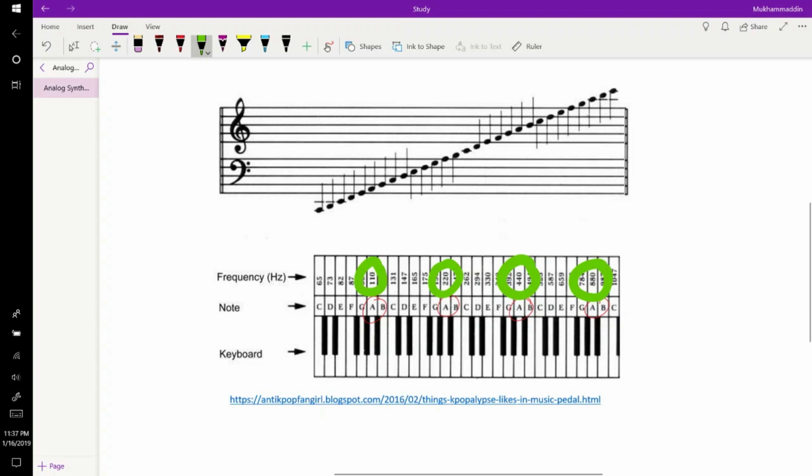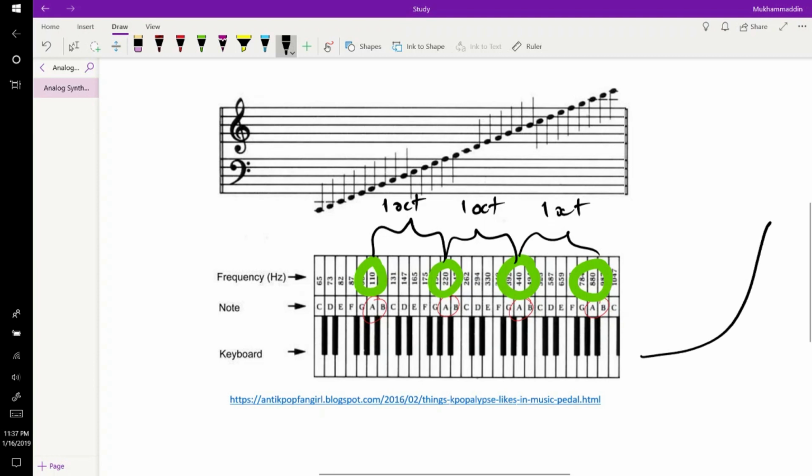So on every octave, the frequency is doubling. So actually there is an exponential curve. The frequency is changing like this. Now, why am I pointing this out? Why is it important in our design of the circuitry, or in this case, analysis of the circuitry?